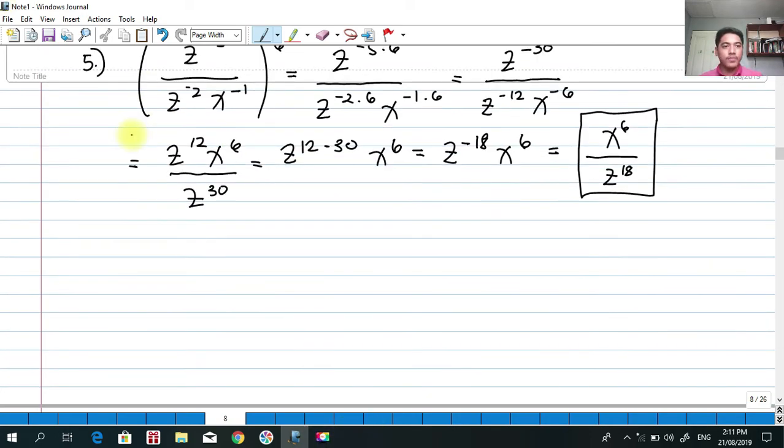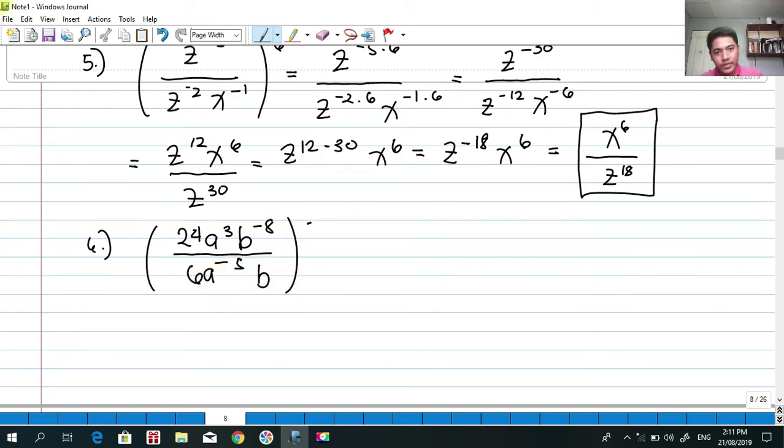And for the last problem, we have 24 a cubed b raised to negative 8 over 6a raised to negative 5 b squared, all raised to negative 2.